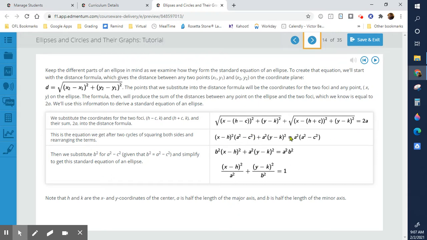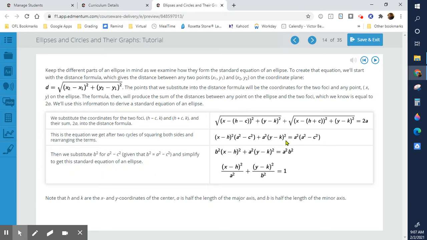And what we're going to do here is square both sides. So what are we doing here? The equation we get from squaring both sides. If we were to square both sides, we would get this. I feel like they've kind of missed some things here, but they're just showing us, skipping a lot of work, basically.